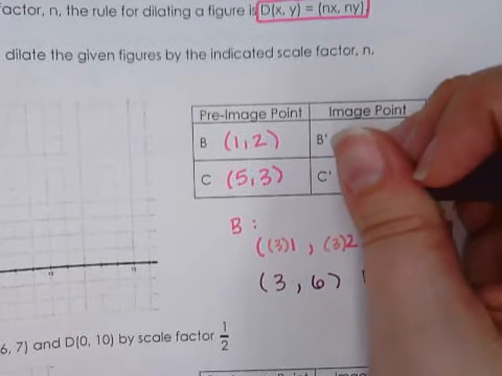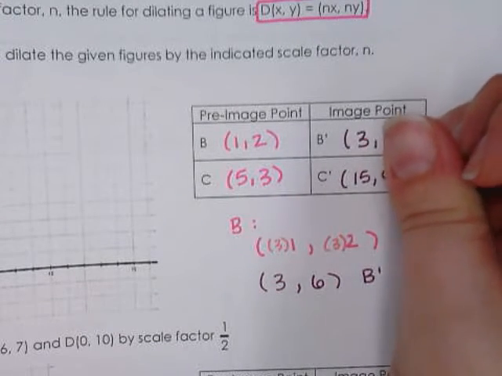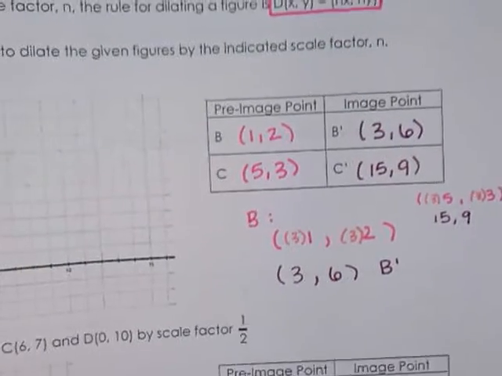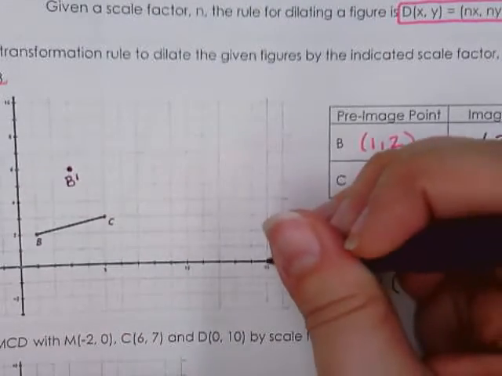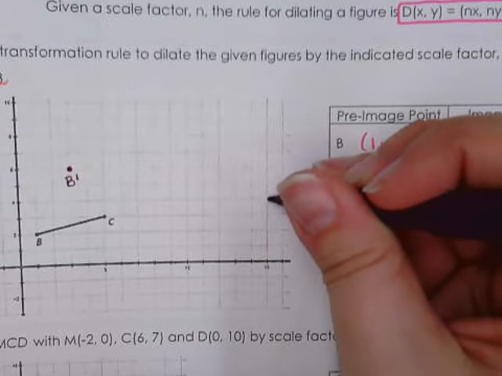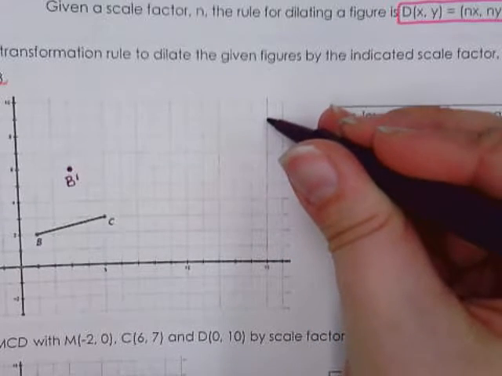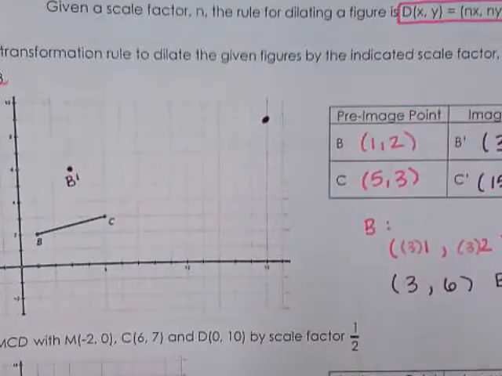So C prime is at (15, 9). And I'm going to go ahead and plot that then. So I'm going to go over 15 and up 9: 4, 5, 6, 7, 8, 9. Should be right here. And that is C prime.